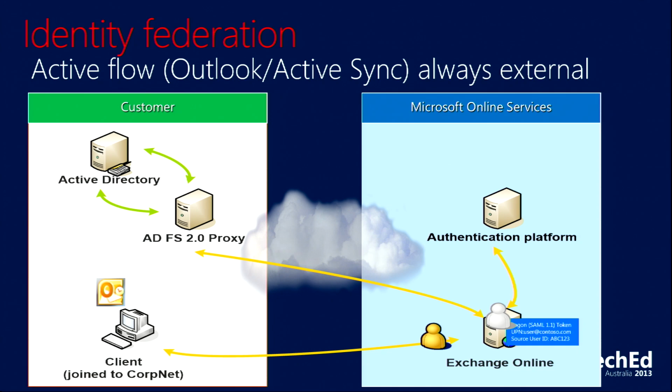So Exchange Online is going to pass that back up to the authentication platform, and it's going to check that it's signed by a trusted authority for the domain, and then transform it into an auth token. So again, we've got another auth token, which we pass back to Exchange Online. And the user's authenticated.